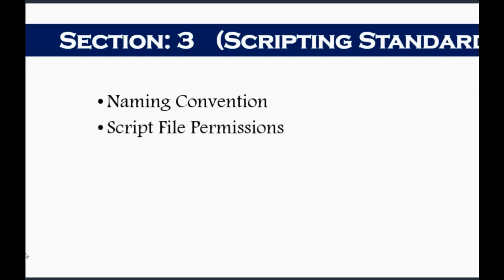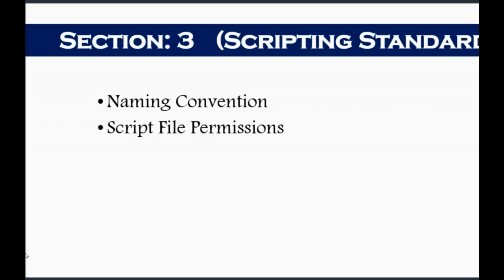In section 3, we will cover the scripting standards: exactly what standards you should follow when you are writing a shell script. Those are how to name your shell script, so that you will have a proper naming convention for your scripts. Then script file permissions.